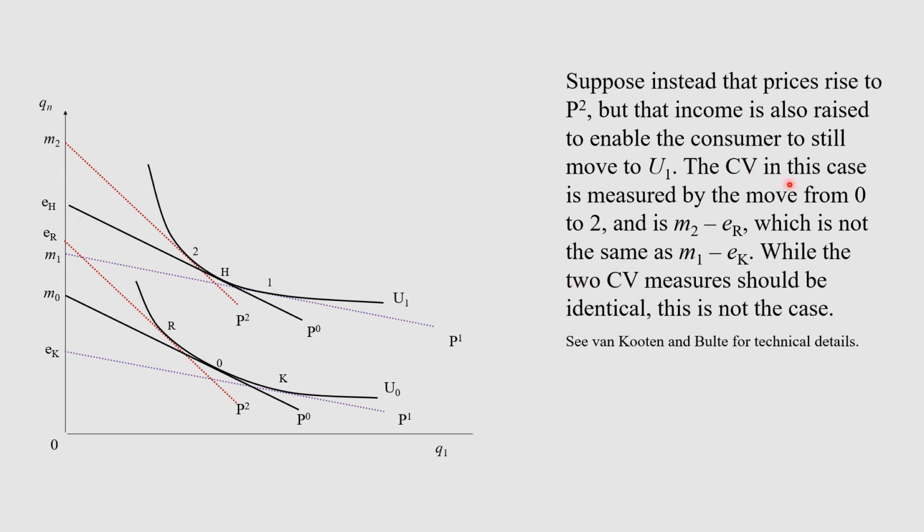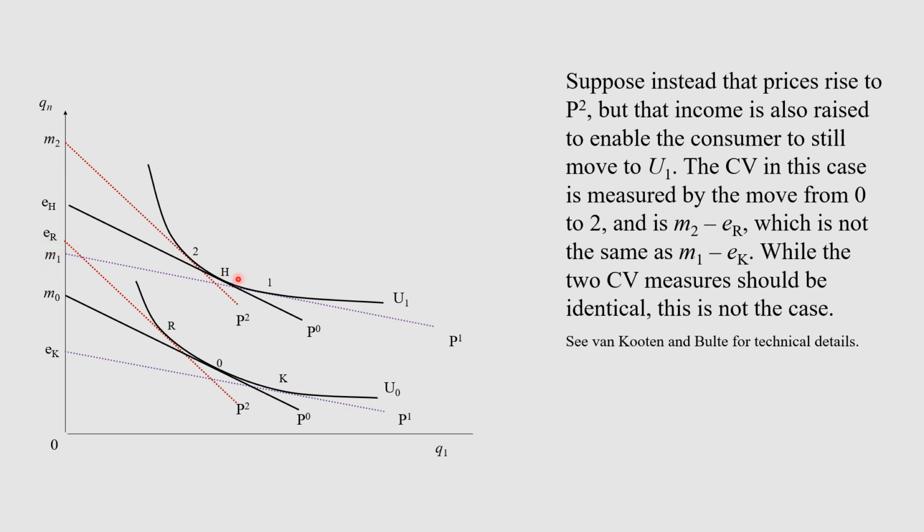The compensating variation in this case is measured by the move from 0 to 2. So at 0 we had that income M0, at 2, to be able to get to U1, we have M2, so the compensating variation of the move from 0 to 2 is equal to M2 minus ER, which is not the same.